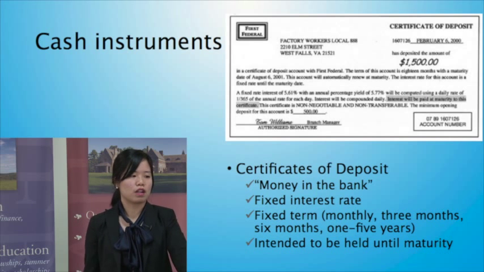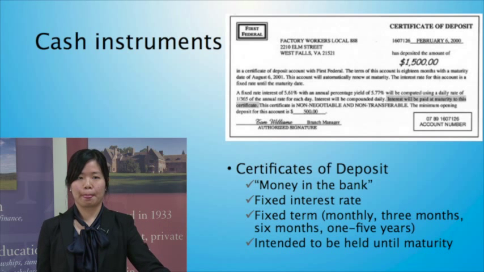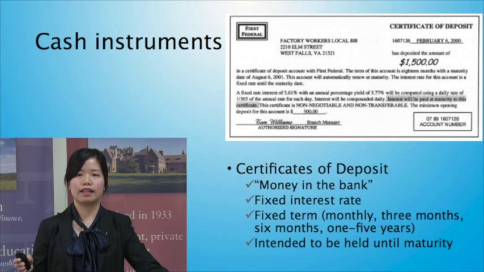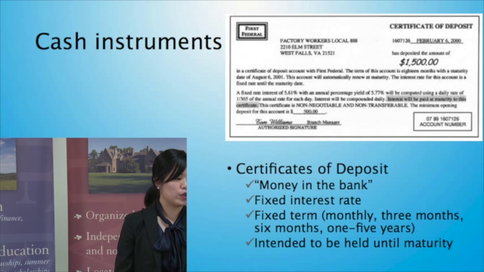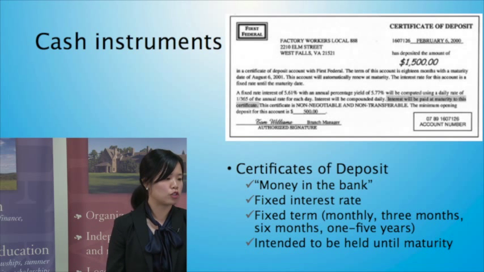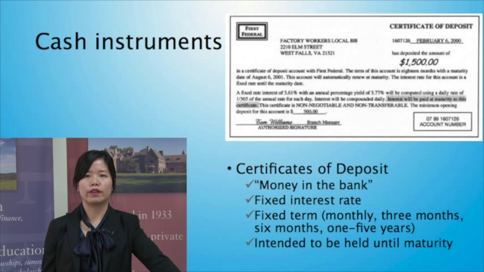I will start with the cash instruments. These are the least risky instruments you can invest in. But of course, like we said, lower risk, lower return. First of all, you can buy the certificate of deposit. We call it CD.